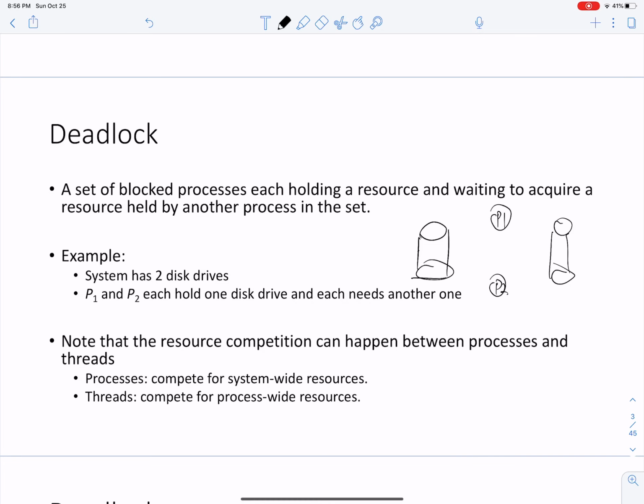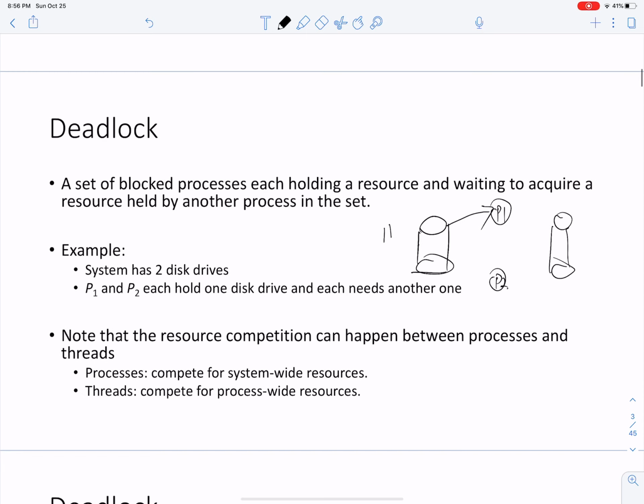P1 already grabs the first hard drive, hard drive 1, but it is asking for hard drive 2. Whereas at the current time hard drive 2 is already grabbed by P2, but P2 is also asking for hard drive 1.